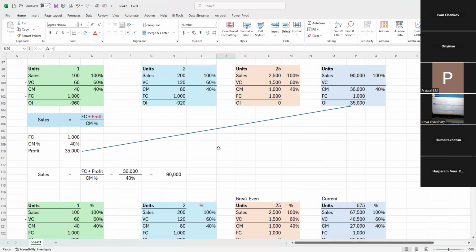In quiz 2, if I ask you to calculate how many units you need to sell to get a certain profit, can you do it? Yes, perfect.